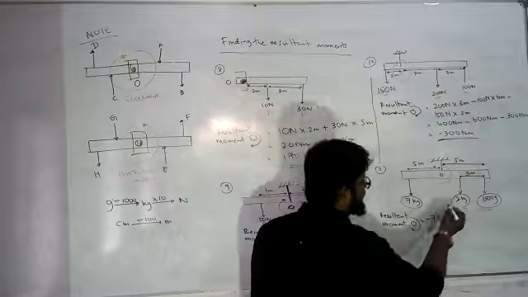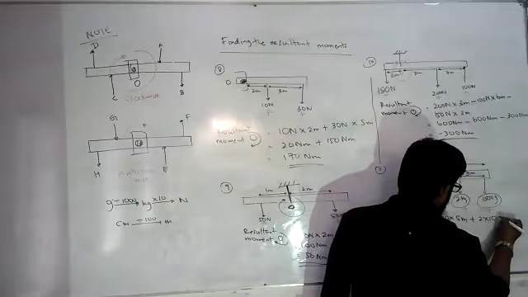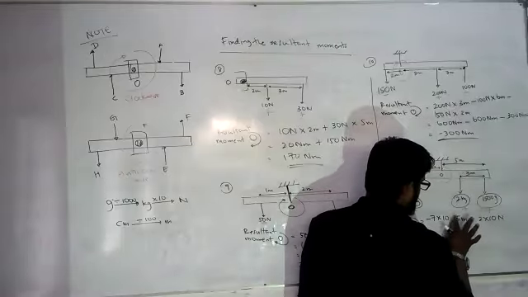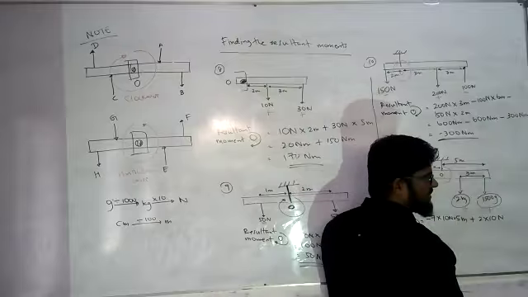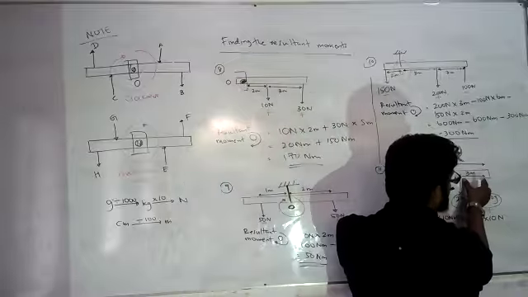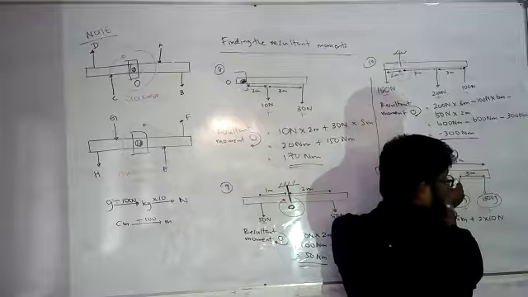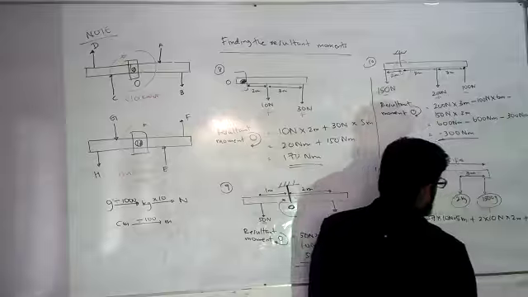Correct? Then I have 2 kilograms here. So I make it 2 into 10 Newton, into, what is the gap? 2 meters. Why? Total is 5, this part is 3, so what is the remaining? 2 meters. So into 2 meters. Again plus.